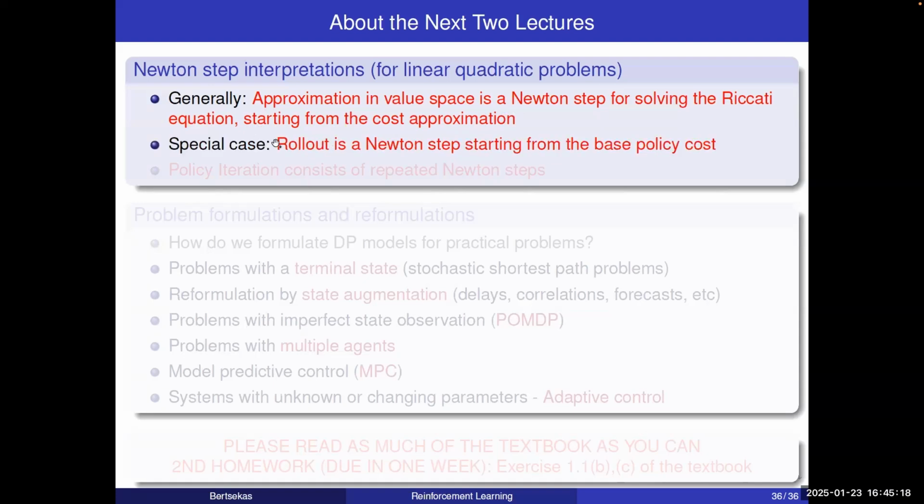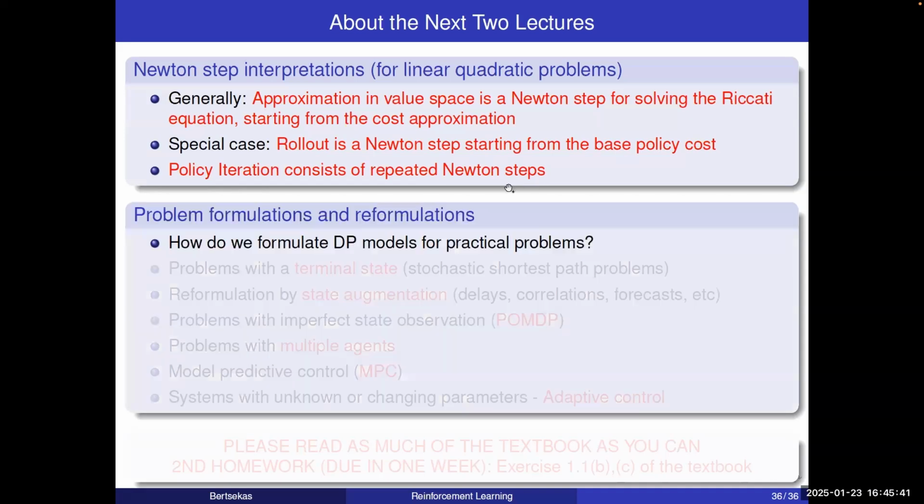And the rollout method that we're going to focus on, which we have covered already in today's lecture for the finite horizon deterministic problem, is 1 Newton step starting from some base policy cost. And policy iteration consists of repeated Newton steps.